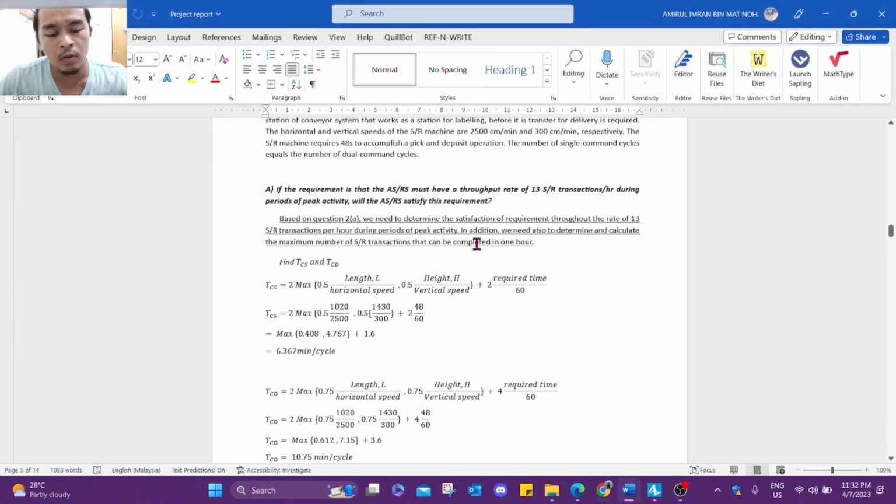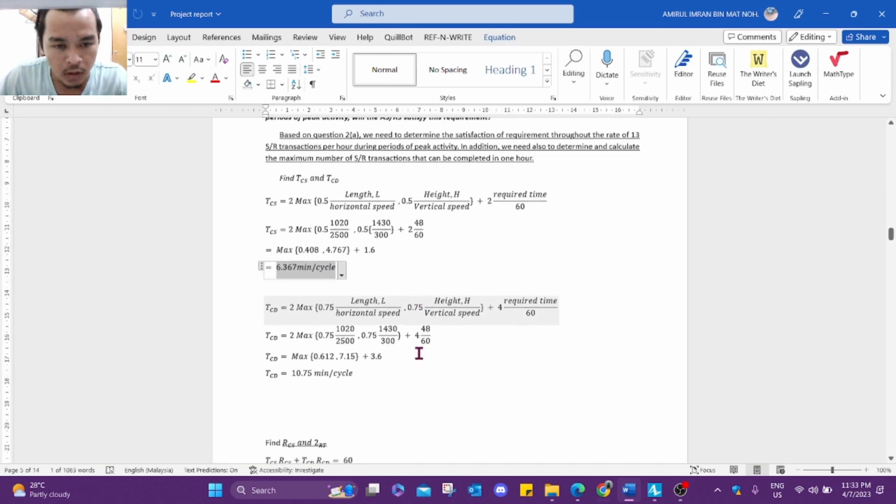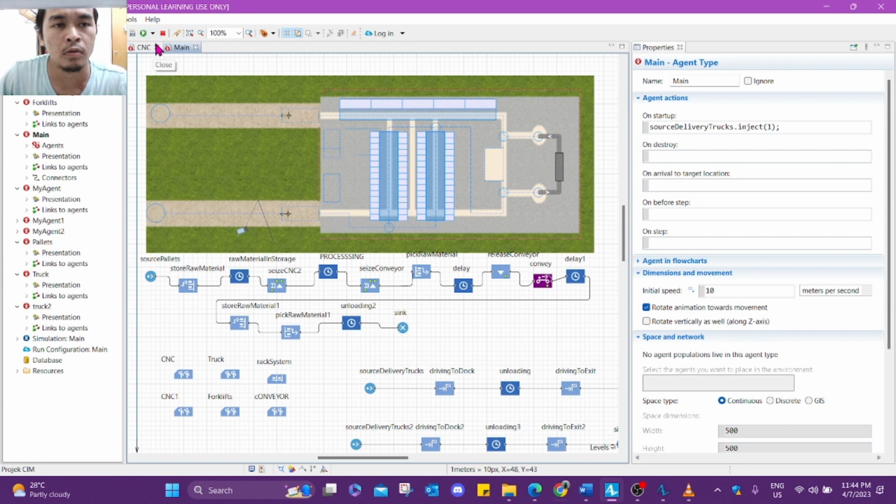Based on the calculation values from question 2, we set the values to meet the requirement: TCS equal to 6.367 minutes per cycle, and TCD equal to 10.75 minutes per cycle. So we run the simulation.